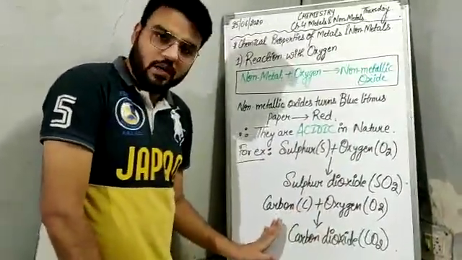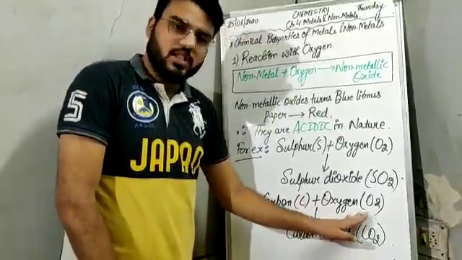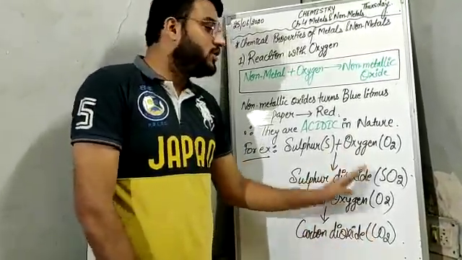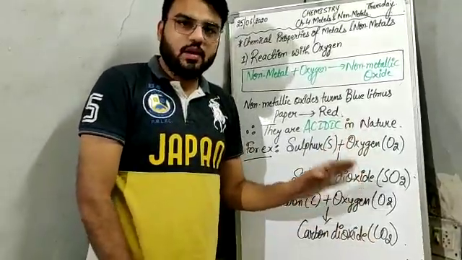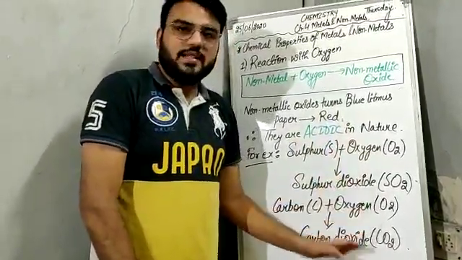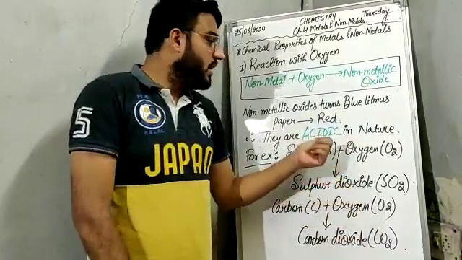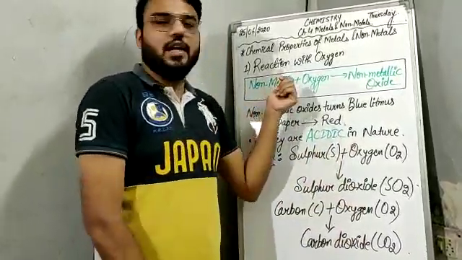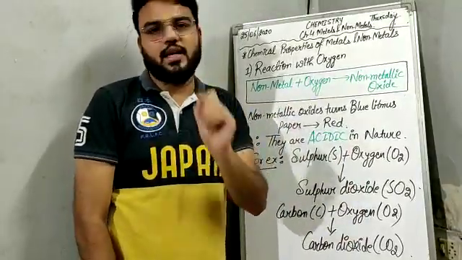Carbon is a non-metal, and when it reacts with oxygen, it forms carbon dioxide. And the nature of these oxides is what nature? Acidic in nature. So non-metallic oxides are acidic in nature.